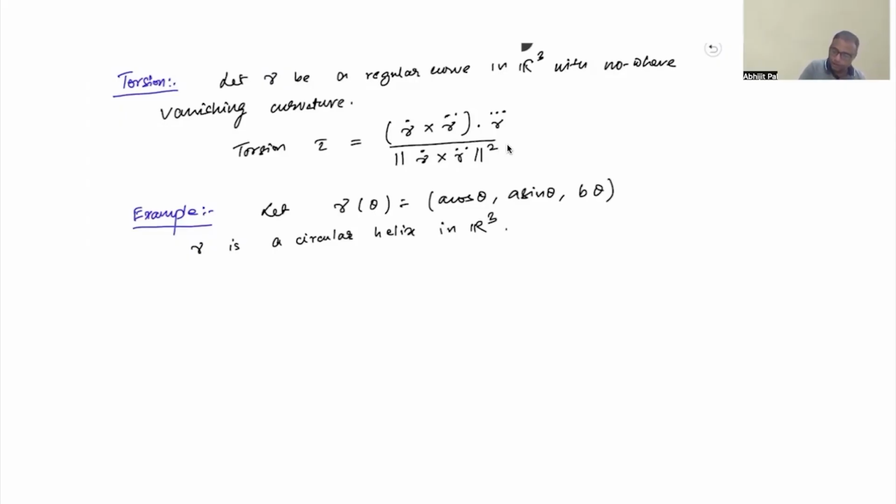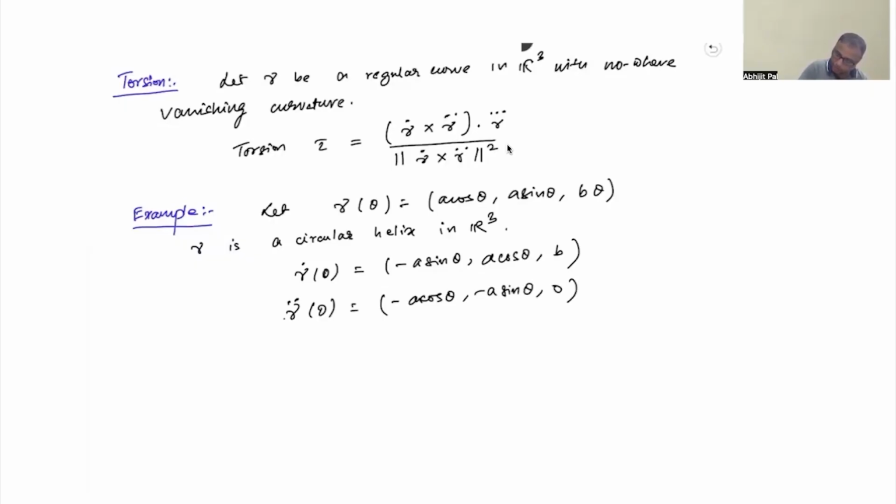What is gamma dot theta? It is (minus a sin theta, a cos theta, b), and gamma double dot theta is (minus a cos theta, minus a sin theta, 0). Gamma triple dot theta is (a sin theta, minus a cos theta, 0).